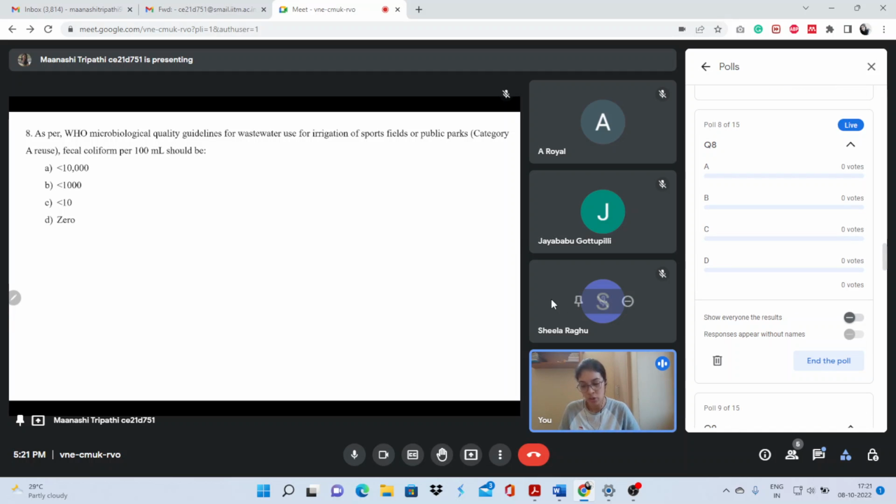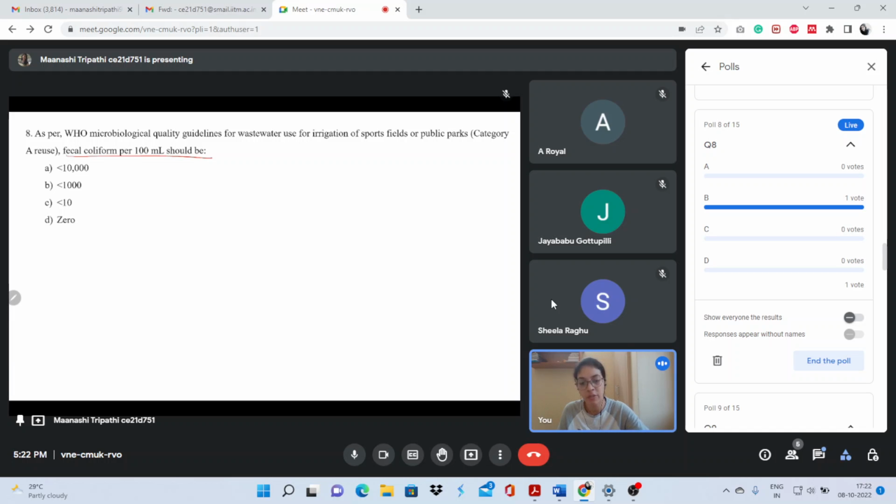as per WHO, microbiological quality guidelines for wastewater used for irrigation of sports field or public parks. Fecal coliform per 100 ml should be. Fecal coliform, these are the indicator of pathogens. They are itself not pathogens, okay, but they are indicator of pathogens.